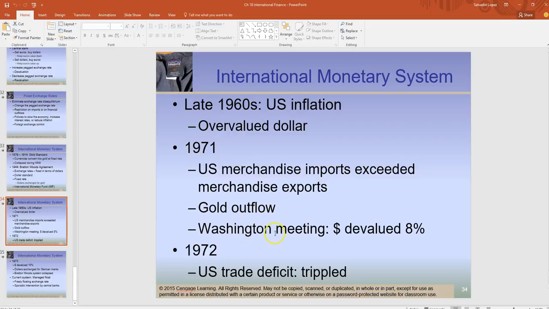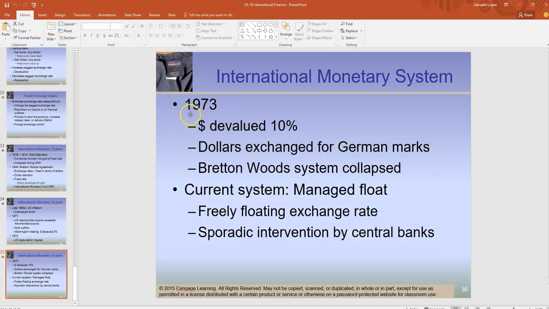So there was a meeting in Washington to devalue the dollar by 8%. But then in 1972, the trade deficit tripled, which means more appreciation of the gold and more depreciation of the dollar. Then in 1973, as a result of all this, the dollar was devalued by 10%. And the Germans wanted to defend the dollar.